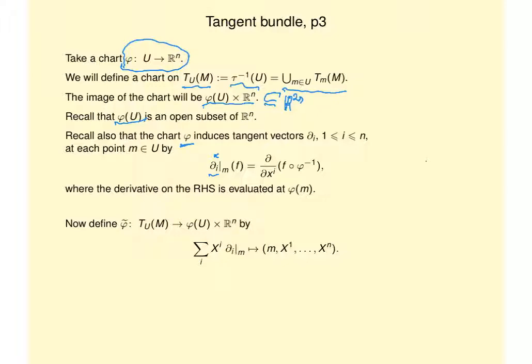These are the tangent vectors to the coordinate curves in U, and they're defined in this way. Operating on a function f, we transfer f over to the open subset phi u of Rn and differentiate in the ordinary way along the ith coordinate line. Okay, and that defines partial i at the point M.